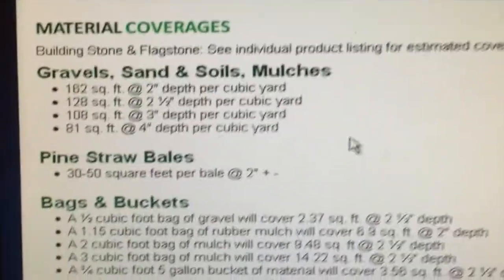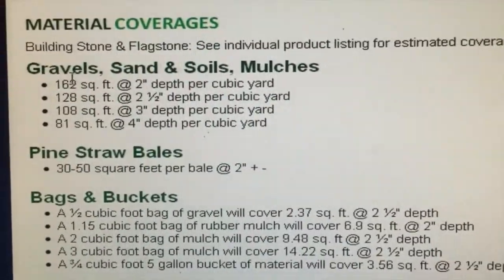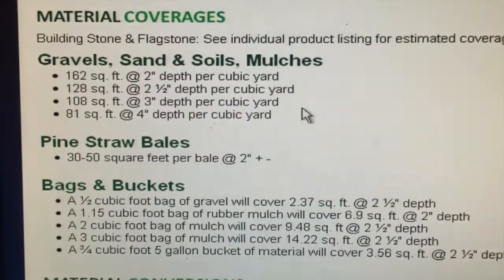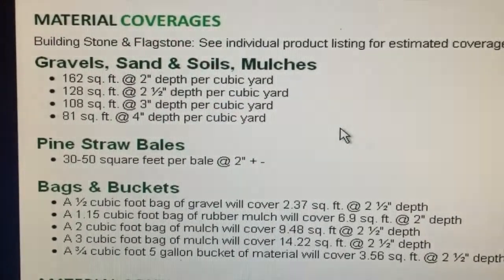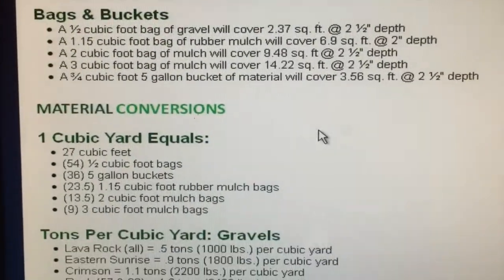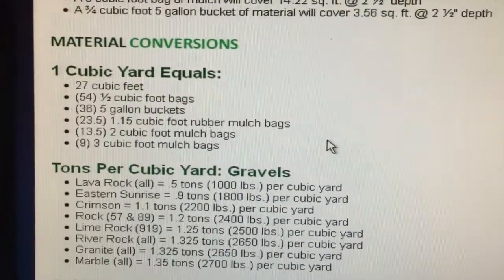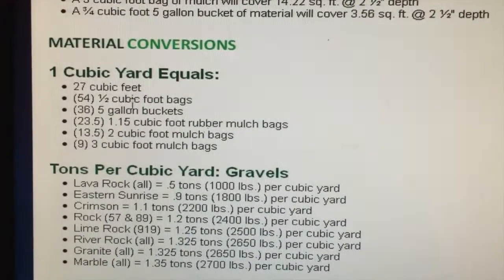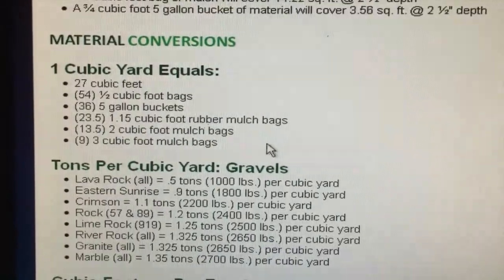Pretty much it starts off with material coverage and what the materials will cover per cubic yard. And then the material conversions for 1 cubic yard equals this in each different thing.